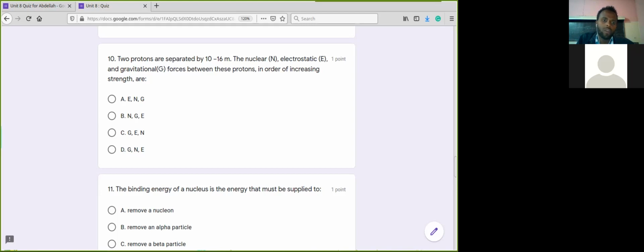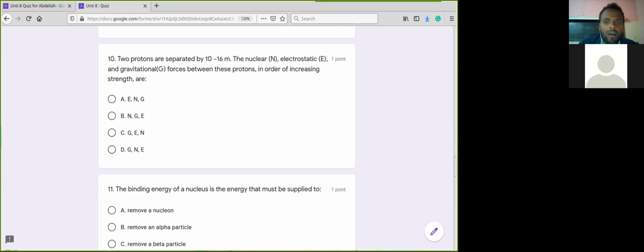Which option is correct? A, ENG; B, NGE; C, GEN; D, GNE. Which one is the correct answer? The least one from the three types of force in nature is the gravitational force.